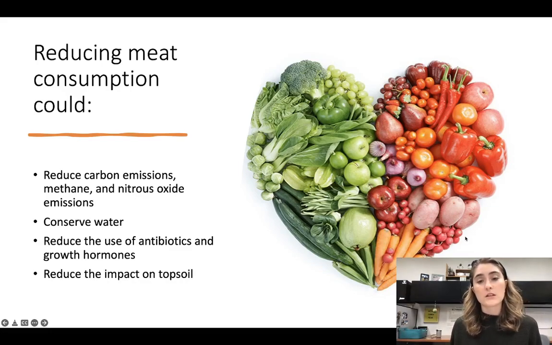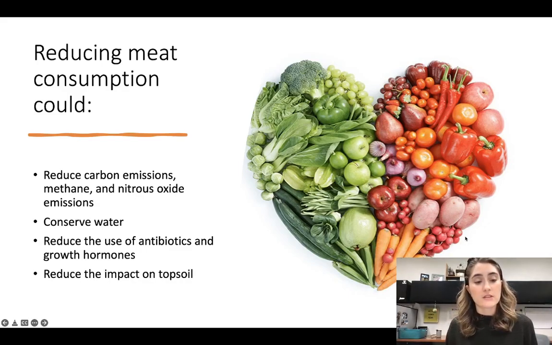The methane, of course, comes from the feces associated with cows specifically, and nitrous oxide emissions come from the slaughtering process itself, as well as any time we're burning a fossil fuel. And so reducing meat consumption can reduce some of these harmful greenhouse gases. It will help us to conserve water. We don't have to give water to as many of our livestock, as well as the water that's used to raise the grain that's used to feed the cattle.